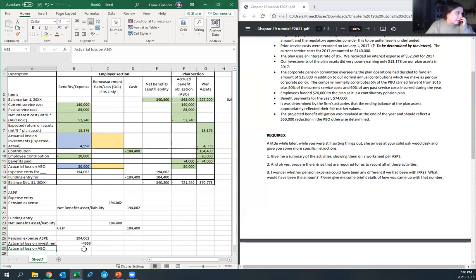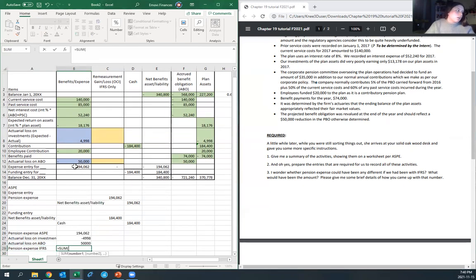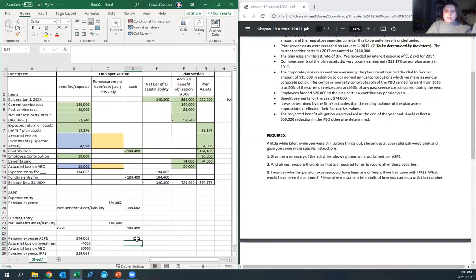And then loss on ABO, it reduced your expense by 50,000, so we want to add it back. So plus $50,000. And that's going to give us our pension expense under IFRS. So it's going to be $234,000. So that's it for question 1.